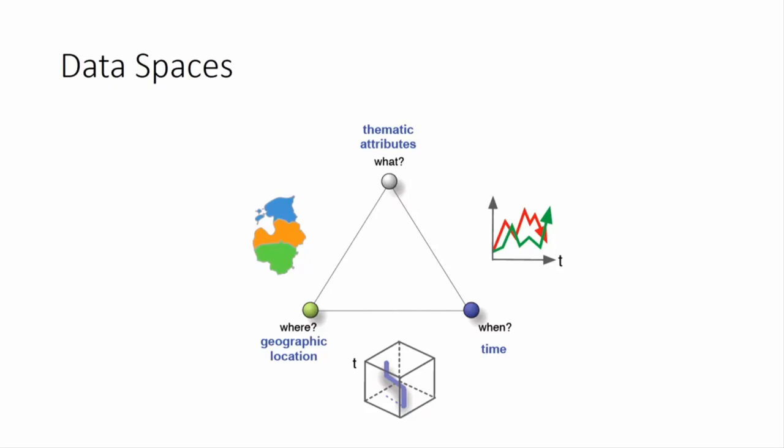Like in the last two maps, the attribute information was the temperature.